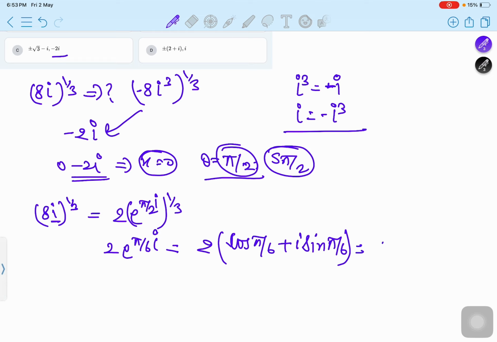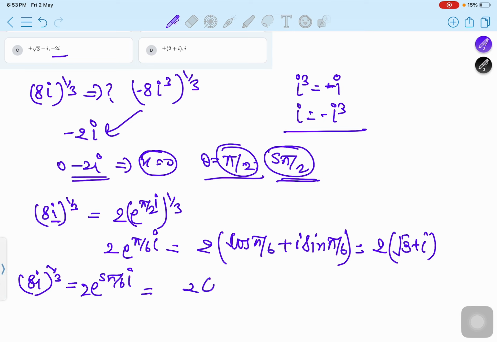So that's why it is root 2 times root 3 plus iota. One more condition is iota 1 by 3, given that 5 pi by 2, so this one is converted to 5 pi by 6 because it is divided by 3. Same condition: cos 5 pi by 6 plus iota sin 5 pi by 6.